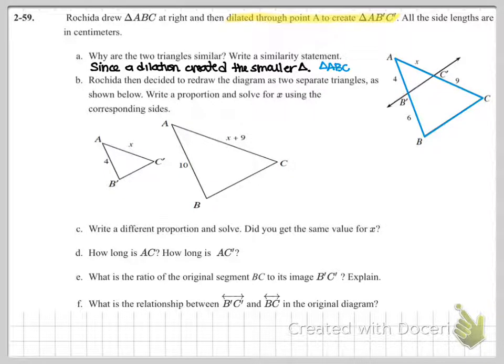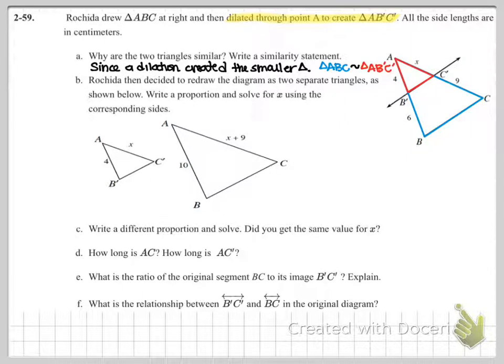And we're going to say that this is similar to, so be careful with those symbols. This is similar to, and we're going to use that small triangle. So A, B prime, C prime. So I just want to kind of follow the order that I had already set up on the other one. So triangle A, B prime, C prime.